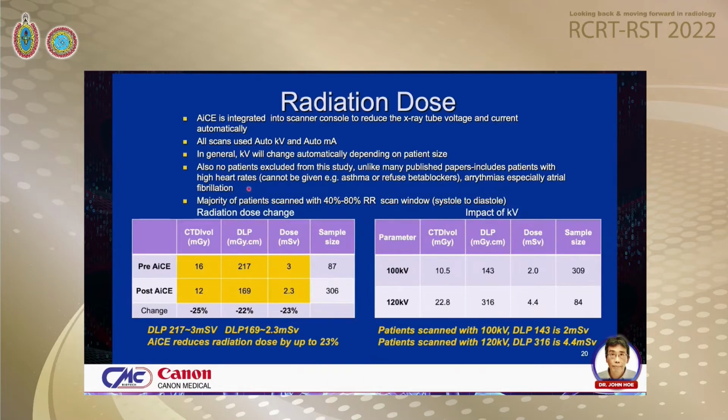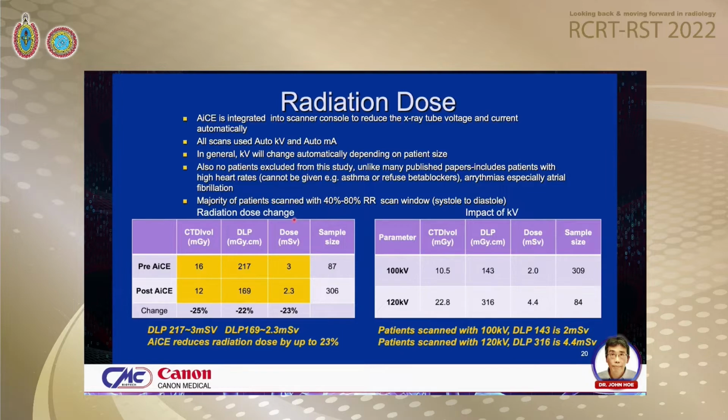The radiation dose, as I mentioned, AICE is integrated into the scanner console to reduce the X-ray tube voltage and current automatically. All scans use auto KV and auto MA, and in general the KV will change automatically depending on patient size. In this study we didn't exclude any patients at all, unlike many published papers, so we included patients with high heart rates, for example, or patients with atrial fibrillation.